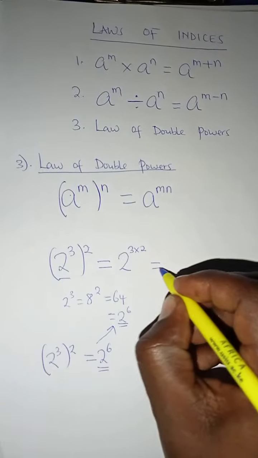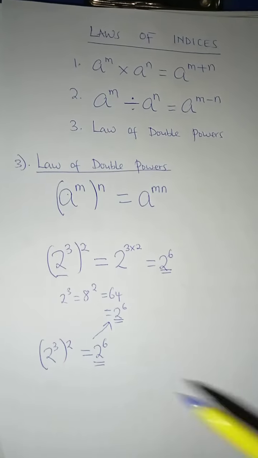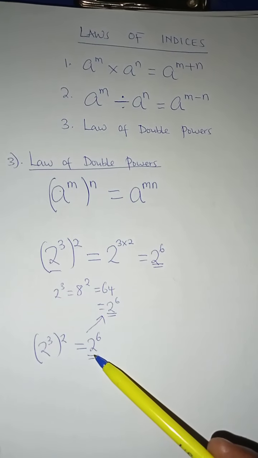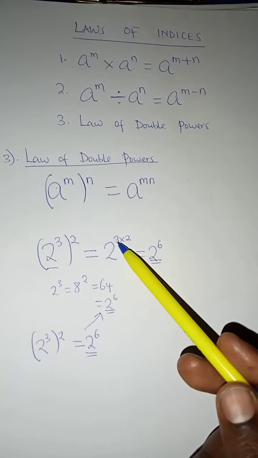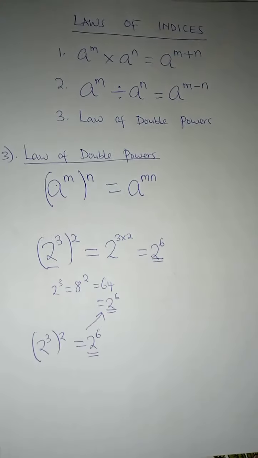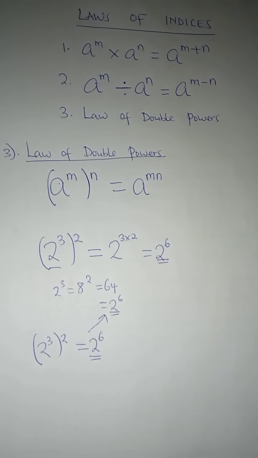So this directly takes us to 2 raised to power 6. So to avoid these operations here, maybe the numbers are large, just apply the law of double powers and multiply the two respective powers to get 2 raised to power 6.